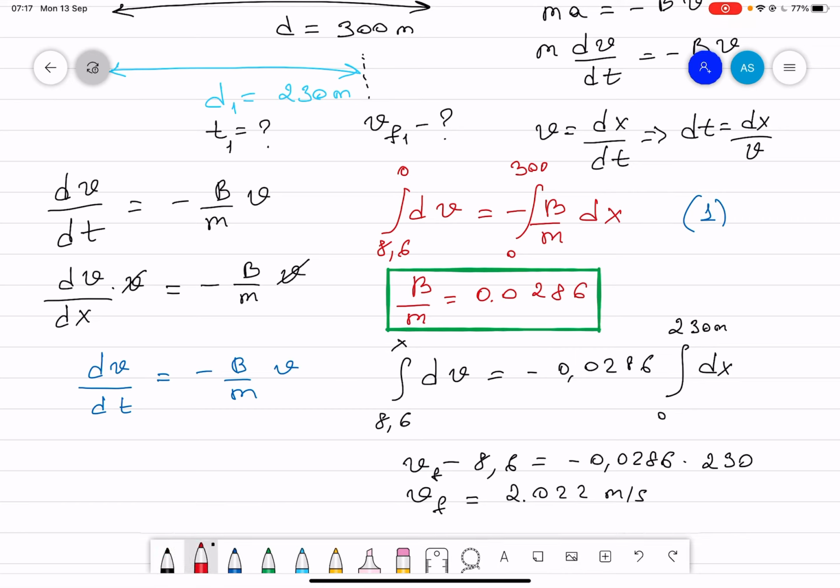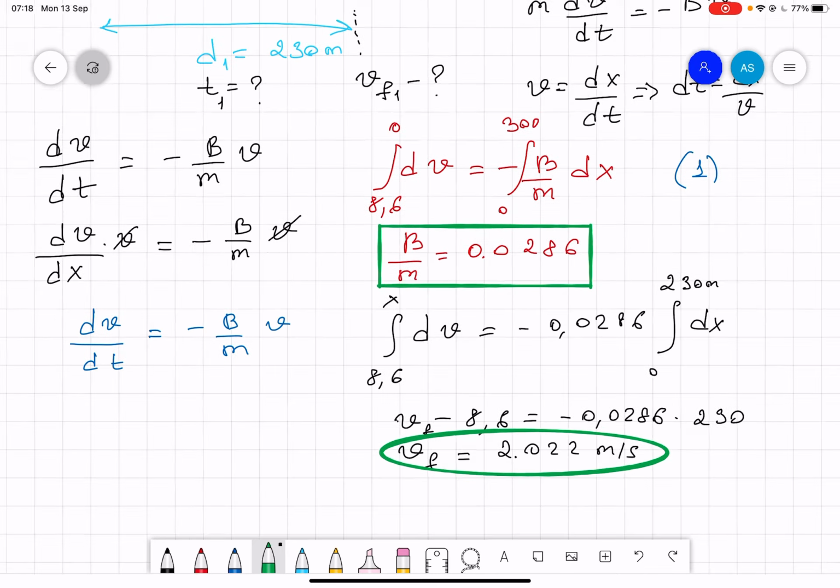Let me also highlight this part. Now we have the final velocity, we have the initial velocity, and it traveled 230 meters. Now we have to find how long it took to travel 230 meters.